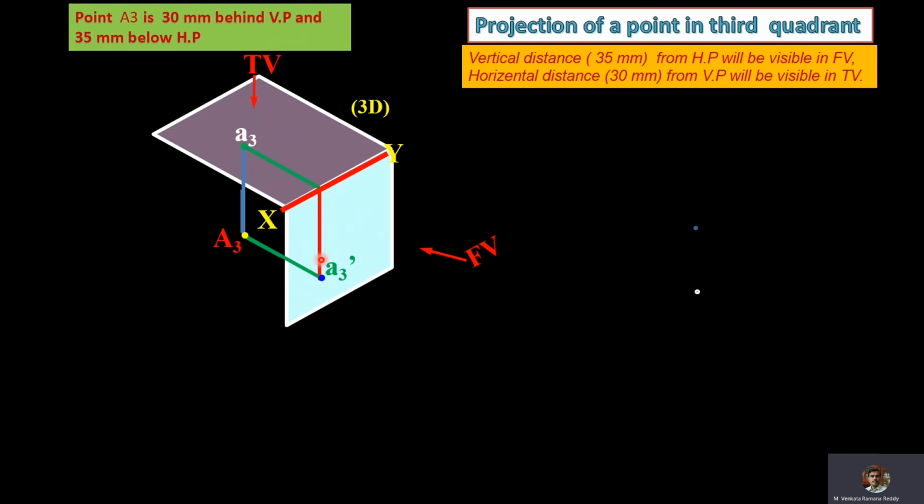So the vertical distance is 35 mm, the horizontal distance is 30 mm. In this case, the horizontal plane is rotated 90 degrees clockwise. That's why this top view comes above the XY line, and there is no change in the position of the vertical plane. That's why the front view is below the XY line.